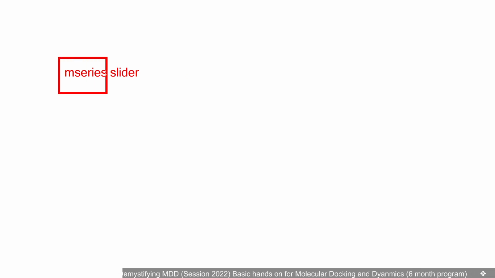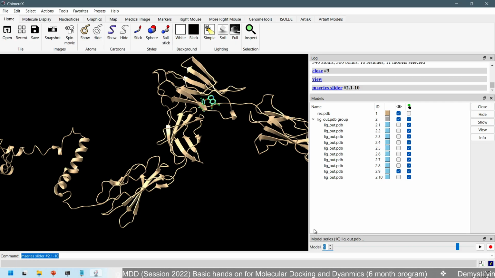I am using mseries slider. Actually mseries provides a series of the input; there were 10 conformers and I want to see them one by one. So it will provide them one by one, and by providing this slider option, it will provide a slider, which you are seeing here.